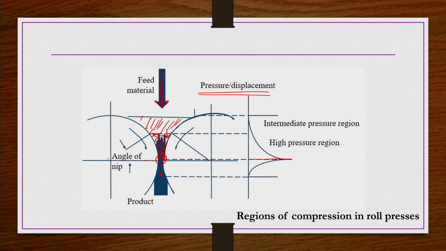So as a product the pressure gradually decreases here, right? And these regions are shown here as dotted lines. This region, not inside the rolls but here where the material is coming, is an intermediate pressure region, and this region is a high pressure region. At the center, right at this point, the pressure is very high, and then when it comes down as a product, the pressure gradually decreases, but it will not be the same as the intermediate pressure region when the material is entering.